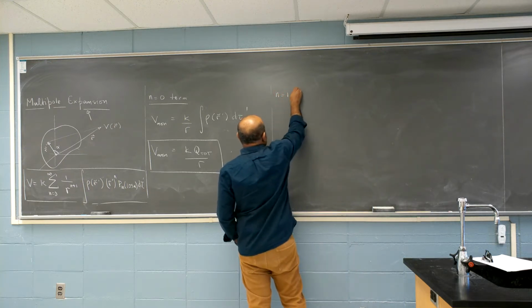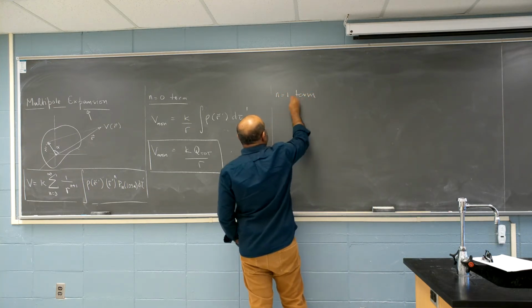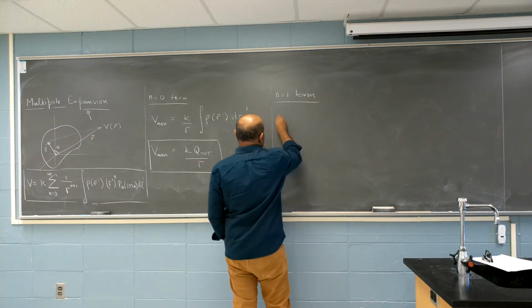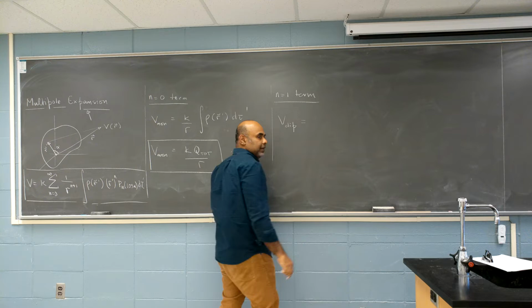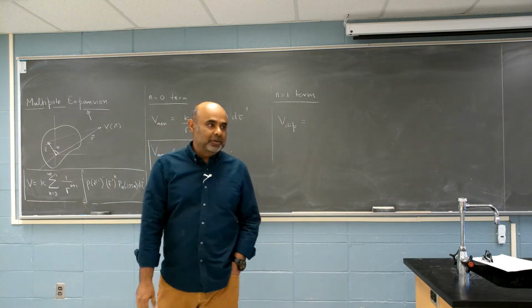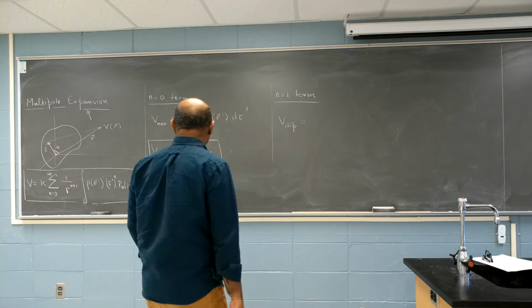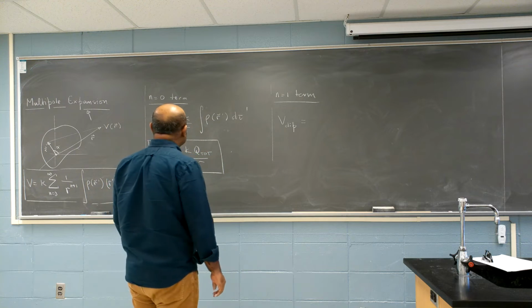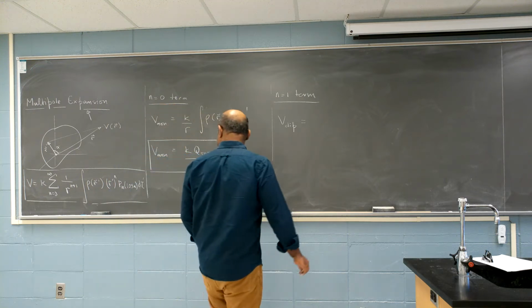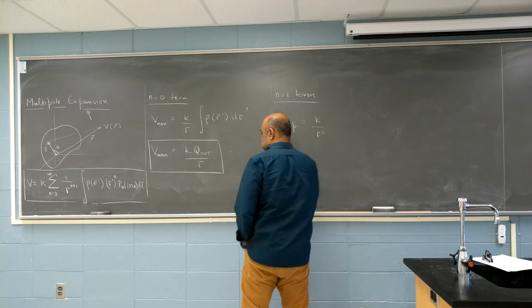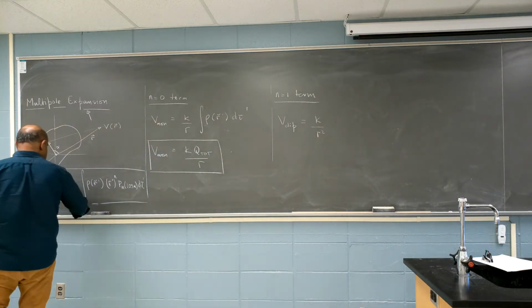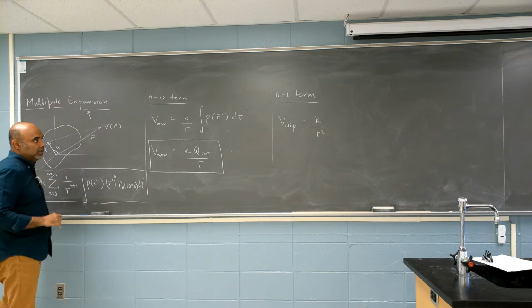N equals 1 term. And we'll see why this is called the dipole term. Remember, we studied the dipole, correct? And so that's going to come back. So that is k over r squared. See, n equals 1. This gives r squared.